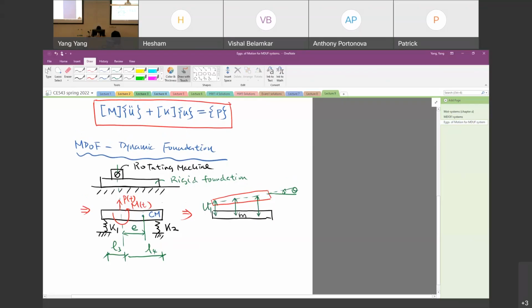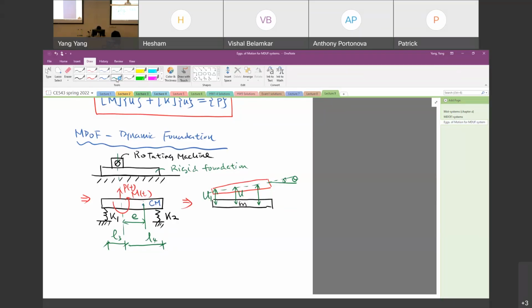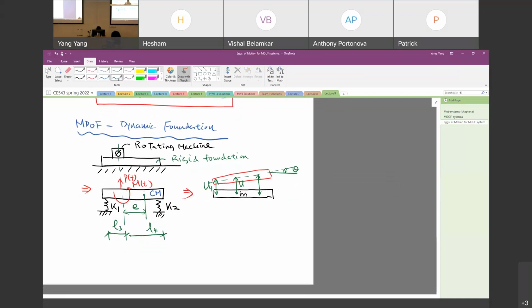The displacement for the first spring is equal to U1, and the displacement of the machine is equal to UA.